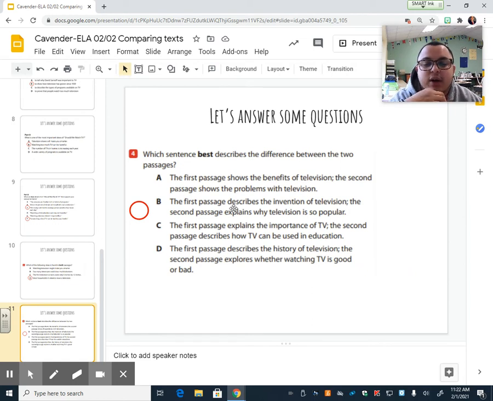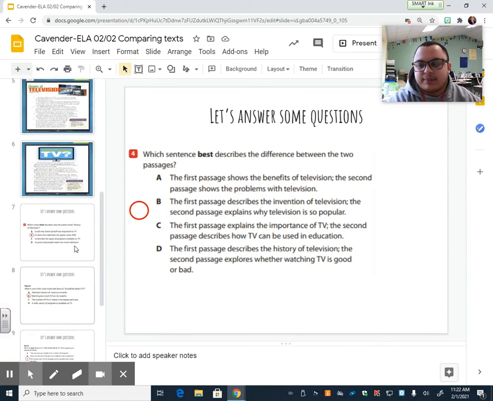The first passage describes the invention of television, and the second passage describes why television is so popular. Super close. But the first passage doesn't describe the invention of televisions, it describes the history of televisions. C, the first passage explains the importance of TV. The second passage describes how TV can be used in education.